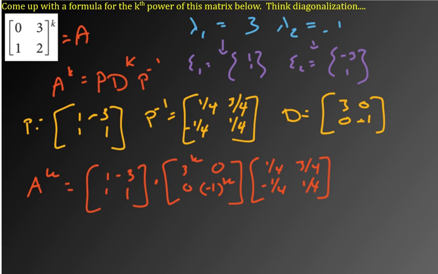Right? And now you can just literally do out the matrix multiplication. You can multiply these and then multiply the result by this, and that is way easier than trying to figure out some k power of that thing.